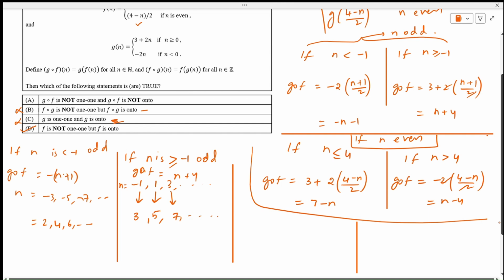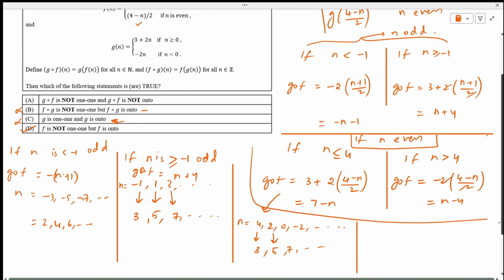Now, if n is less than 4 and even, what values can n take? It can take 4, 2, 0, minus 2, and so on. So for 4, we get 3, and for 2, we get 5, and obviously 7, and so on.